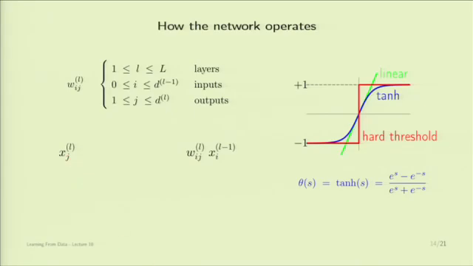Okay? You sum these up, from I equals 0, which is the constant variable, up to the maximum for that layer, which happens to be d sub L minus 1. Okay? So this is the signal. Now you pass the signal through a threshold, in this case a soft threshold, and you are ready to go. That will be the function you are implementing.